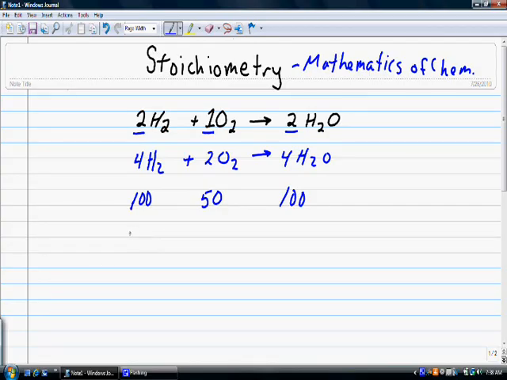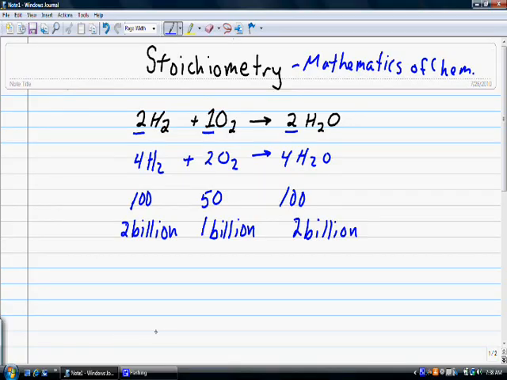For example, if I had 2 billion, billion's always a big number to people, molecules of hydrogen, I would need 1 billion molecules of oxygen, and I could make 2 billion molecules of water. But we work with even more than 1 billion.